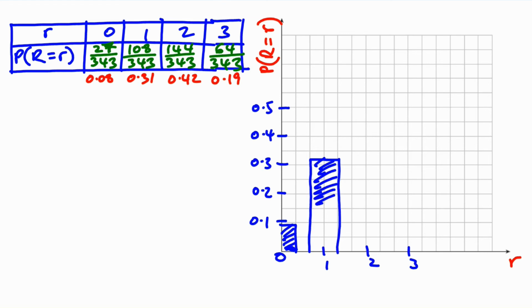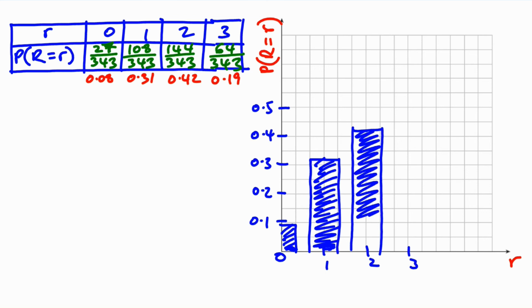So we have that. And then 2 goes up to 0.42, so 0.42 is somewhere around there. Again, these are just estimates. And then 3, 0.19, so that's somewhere around here.